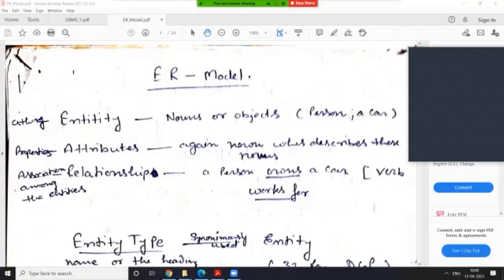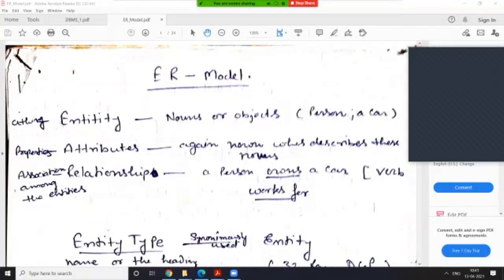In the ER diagram, with this rectangular representation, we are representing the entity set rather than the entity. But synonymously, interchangeably, we use the word entity or entity set.